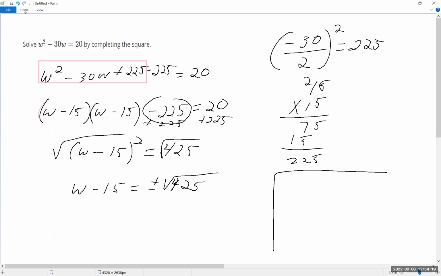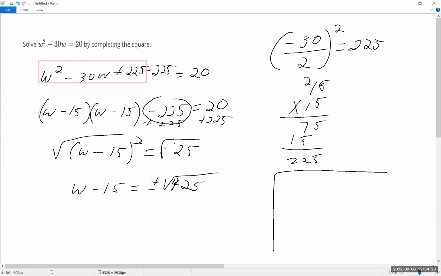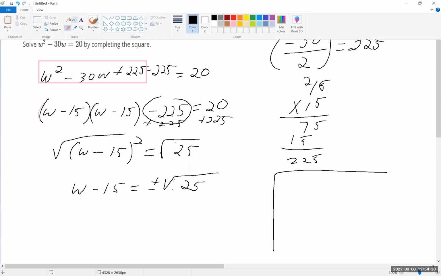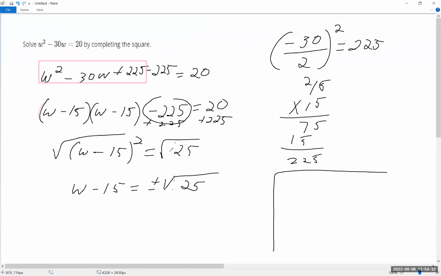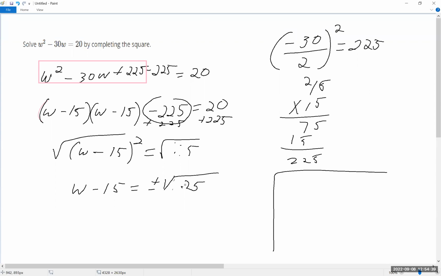That's me rushing, or not rushing, but my brain is multitasking and not very well. But yes, you're 100% correct. Thank you for the correction. So we said that that's going to be 245. Okay.